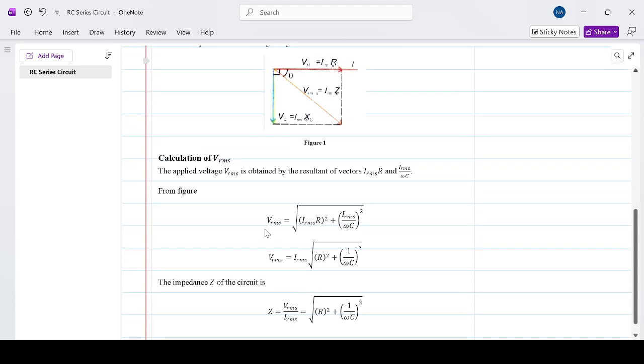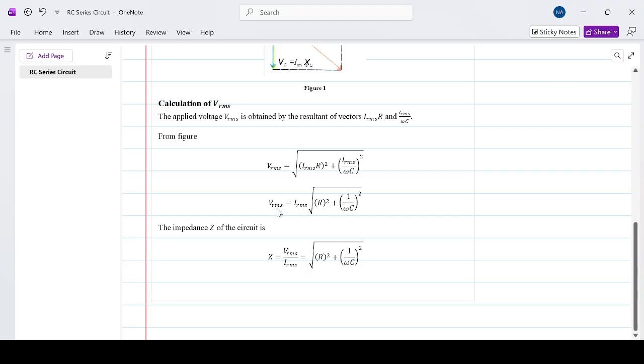In this figure, the vector VRMS is the sum of two vectors, and we use the parallelogram law of vector addition. This will give us VRMS equal to the square root of (IRMS R) whole square plus (IRMS over omega C) whole square. Here is IRMS square, here is also IRMS square, so we take out the IRMS square, but we are left with R square and 1 over omega C whole square.